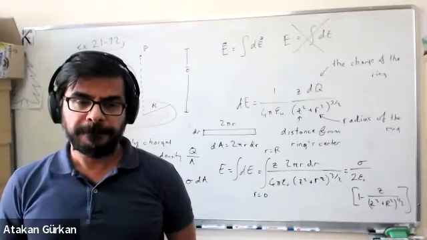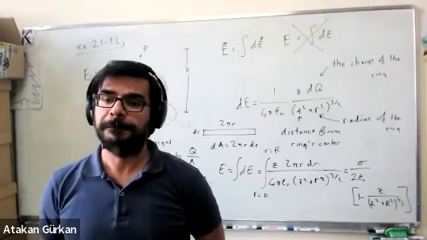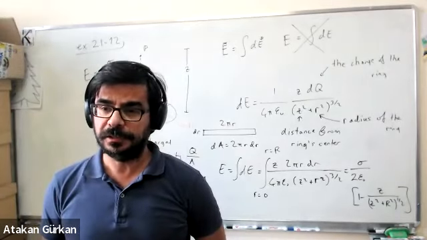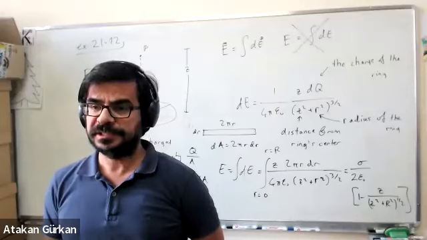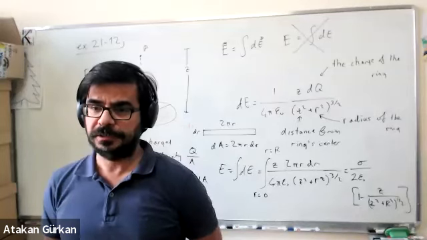Electric field of what? Of the rings. Electric field of the ring. Okay, of thickness dr and of radius r. This is the electric field of such a ring at a distance z from its center along the symmetry axis.